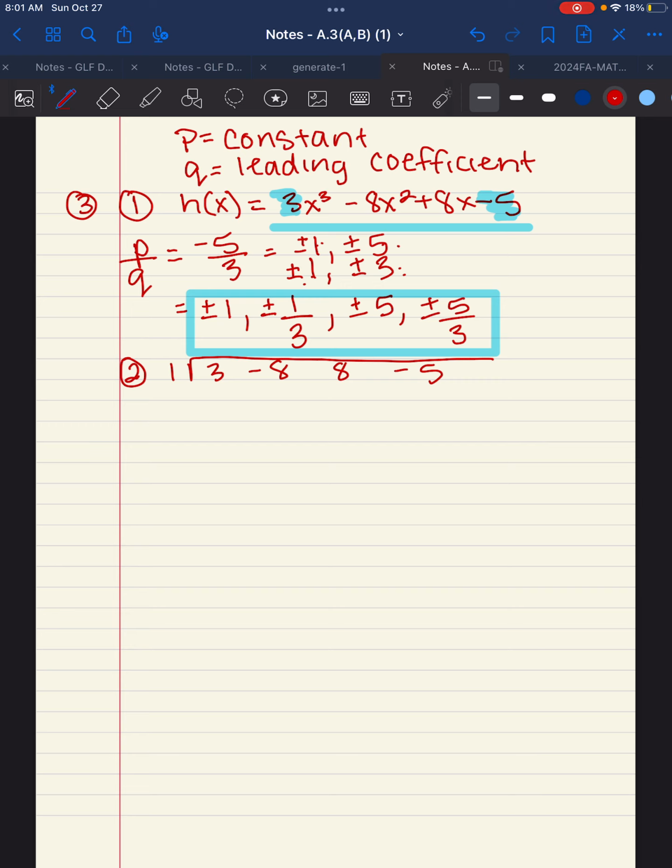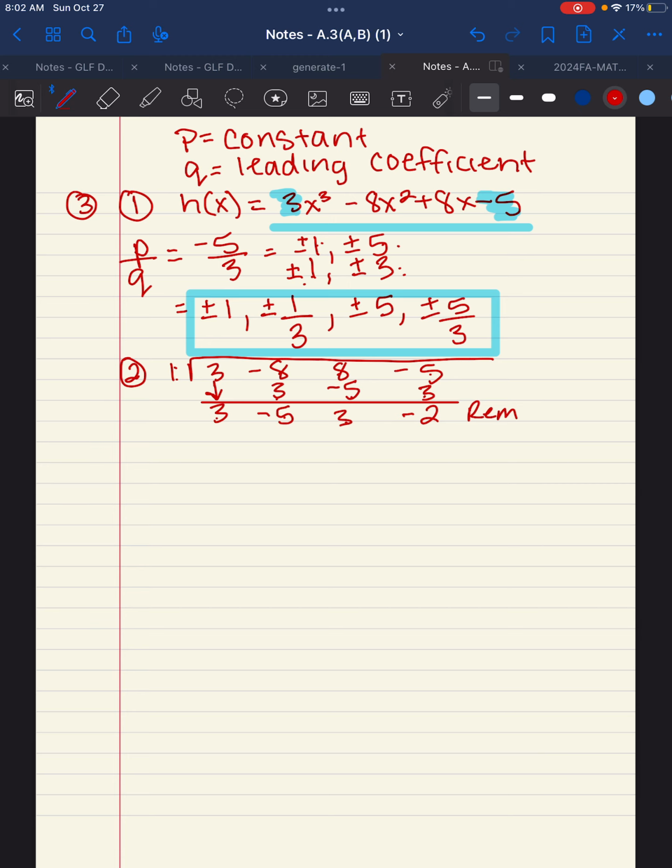What we're doing is trying to get a 0 as our remainder. When we do synthetic division, first you're going to bring down your 3. 3 times 1 is 3. Negative 8 plus 3 is negative 5. Negative 5 times 1 is negative 5. 8 minus 5 is 3. 3 times 1 is 3. Negative 5 plus 3 is negative 2. That does not give me a remainder that I need.